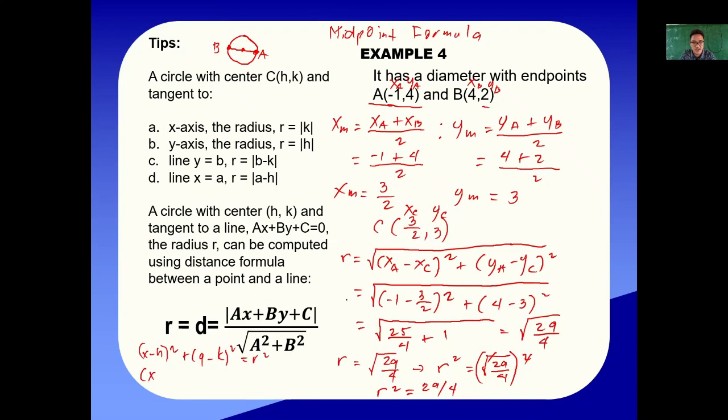Ito yung center natin, di ba? (x - 3/2)^2 plus (y - k), what is k, is 3, squared is equal to, what is our r squared? Ayun na yung 29 over 4. Therefore, ito na yung sagot natin. Yan na yung standard equation kapag ang diameter has endpoints (-1, 4) and (4, 2).